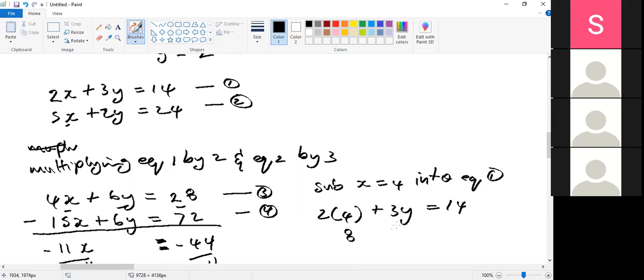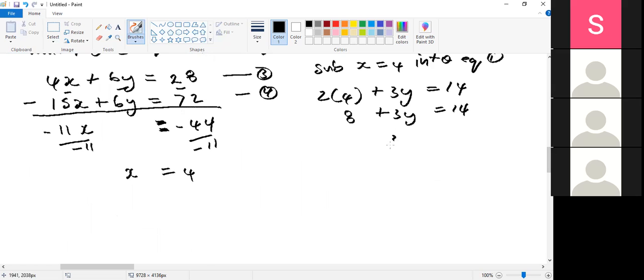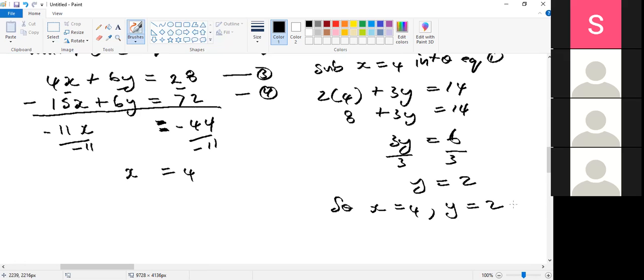So this is 8 plus 3y equals 14, so 3y equals 6. Divide both sides by 3, so y equals 2. So we have x equal 4, y equal 2.